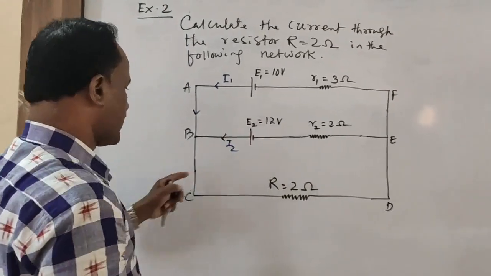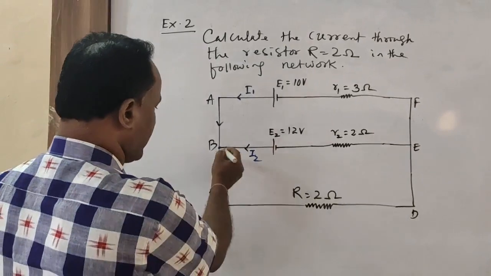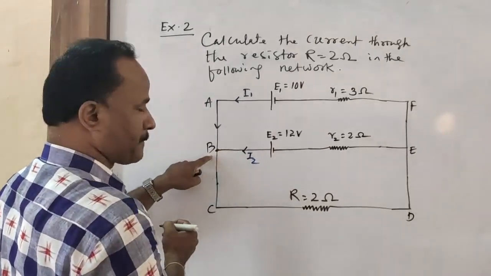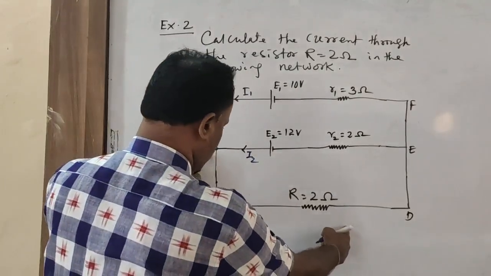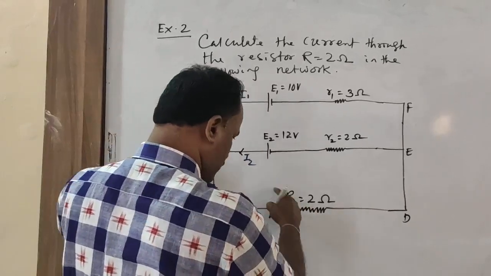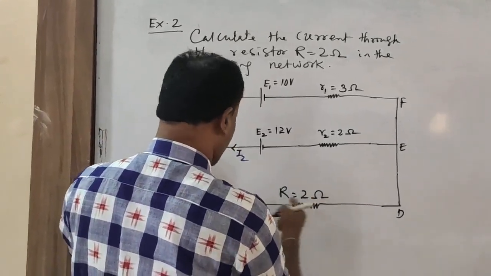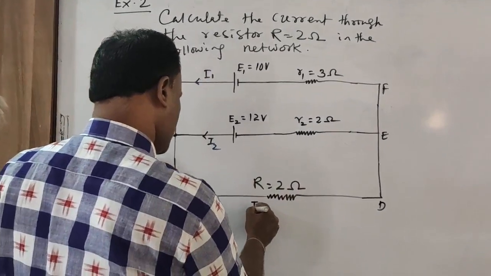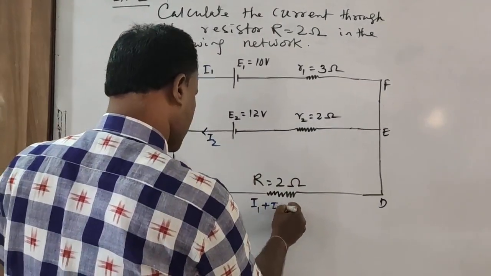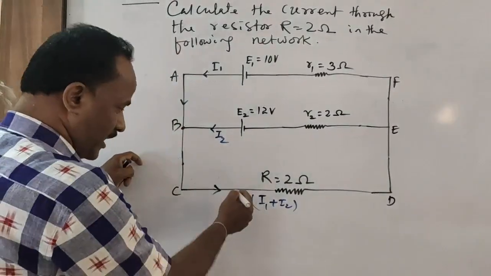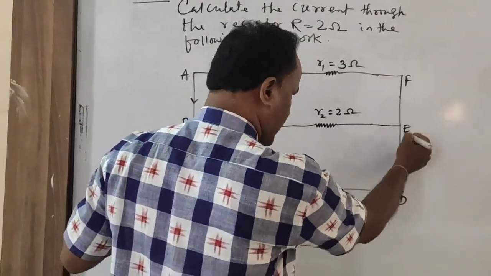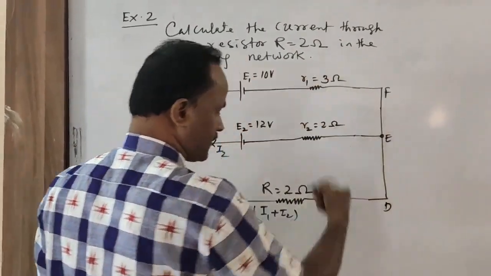These two currents, according to Kirchhoff's current law, enter the point D. The current that flows through the resistor R equal to 2 ohm is I1 plus I2, and that current flows in this route and again reaches the point E.